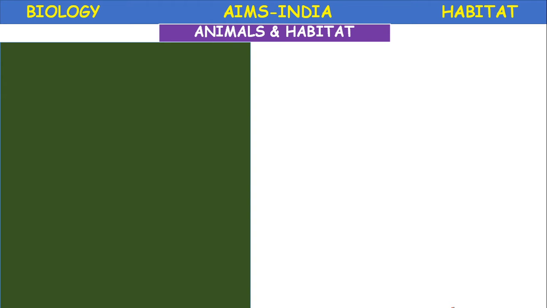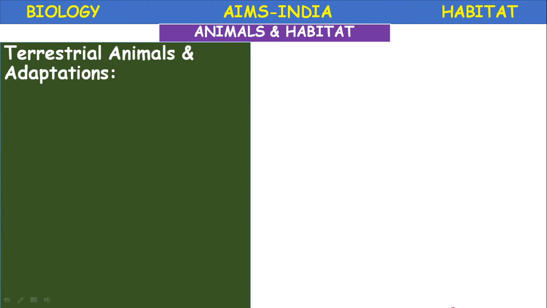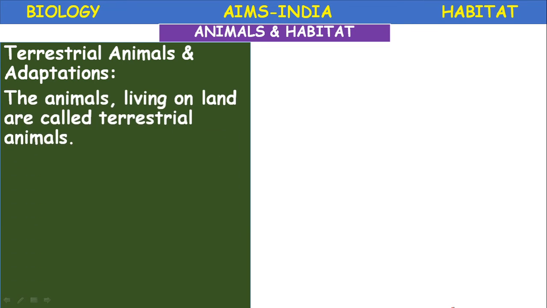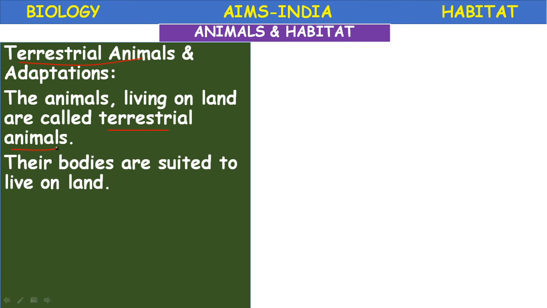Animals and habitat. Terrestrial animals and adaptations. The animals living on land are called terrestrial animals. What are terrestrial animals? Animals living on land are called terrestrial animals.